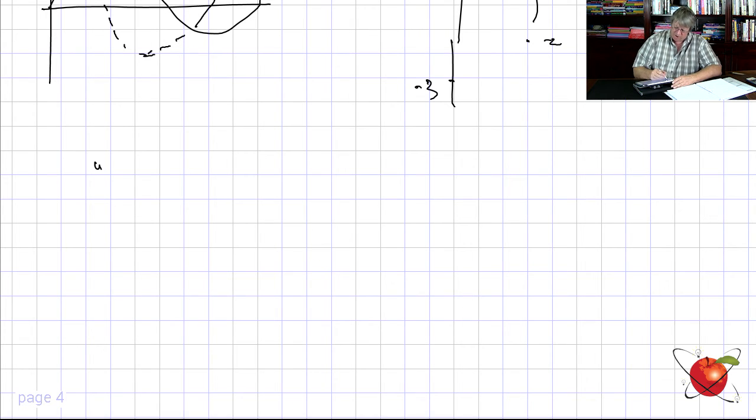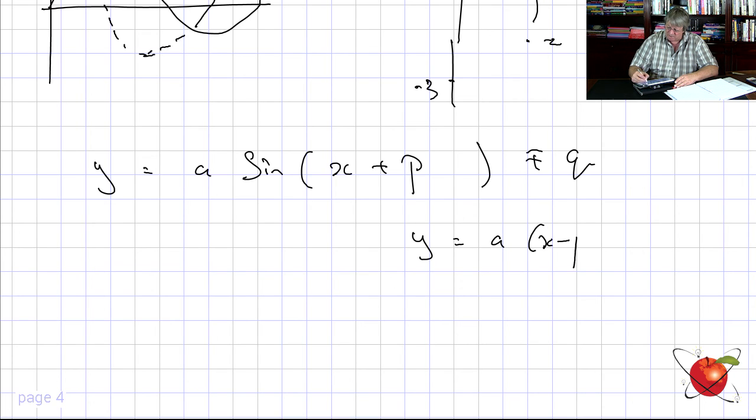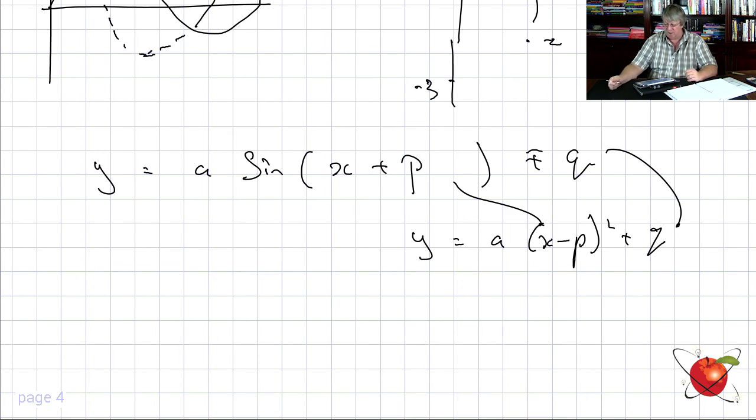Just remember we've got y is equal to a sine plus or minus q. Now just leave it as plus or minus. I am now going to put in an x plus p. Remember this? y is equal to a times (x minus p) all squared plus q. There's that, and there's the p coming in.